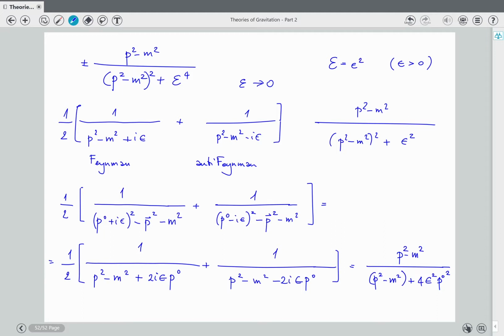So it is the same thing because this is also positive. P0 equals 0 doesn't give any problem, because when P0 is equal to 0, that thing can never be 0, so you don't get anything special.